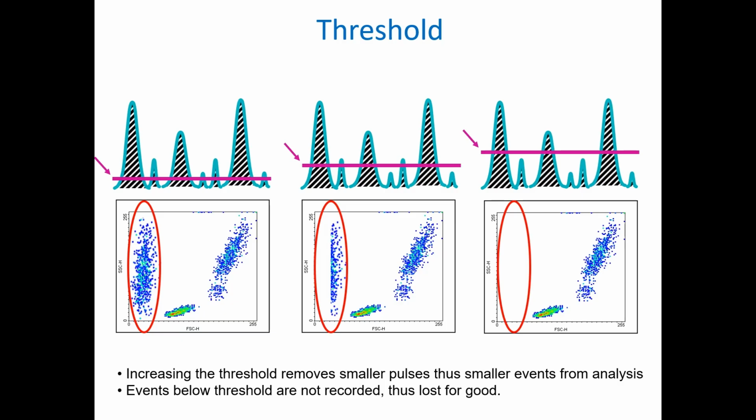Another issue to be concerned about if you're sorting cells is that since the instrument does not see what's below threshold, it cannot exclude them from the population you're sorting. Debris or unwanted cells that are below threshold will wind up in your sorted populations, which can be problematic depending on your downstream application.